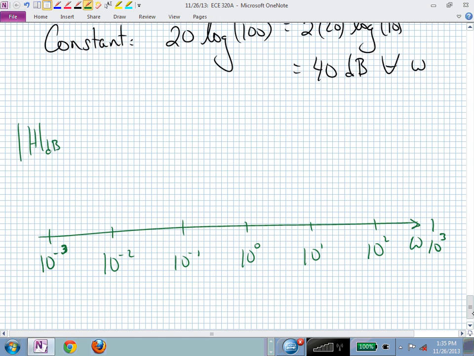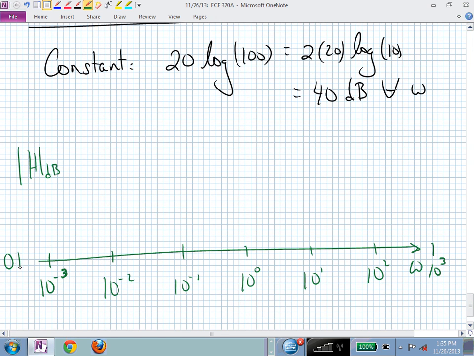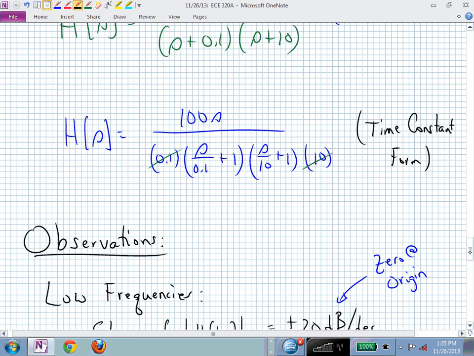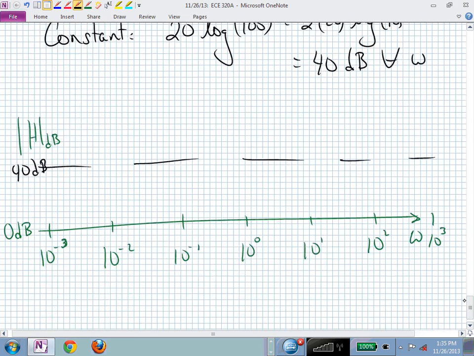Ooh, that was supposed to be a flat line. This is supposed to be 0 dB. I now know that I'm 40 dB due to the constant. I have a 0 at the origin, that's going to give me something like this.